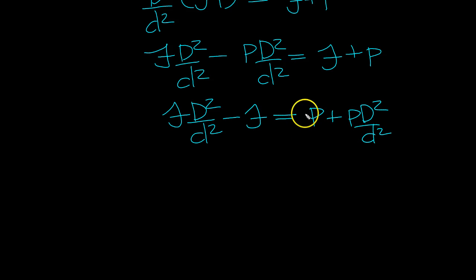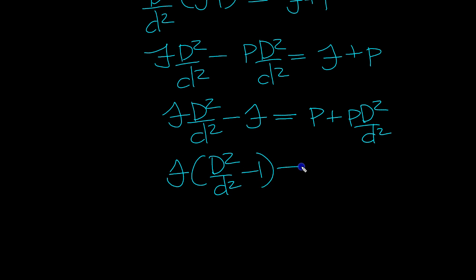This is one lot of p, isn't it? So I've got an f common here, so I could write this as D squared over d squared minus 1 if I wanted on the left, because it's an f common, take it outside a bracket. Here there's a p common, and it'll be one lot of p here plus the D squared over d squared.